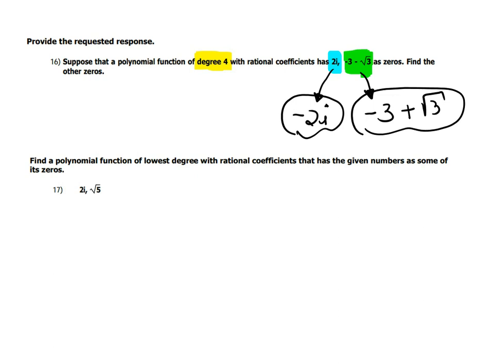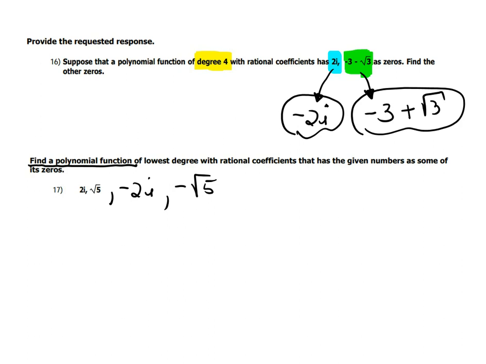Those are my other zeros. And then it says, find a polynomial function of lowest degree with rational coefficients. It has the given numbers. So in this one, they want the entire polynomial. So 2i is one of my zeros, so that means negative 2i. And square root of 5 is, so also negative square root of 5.